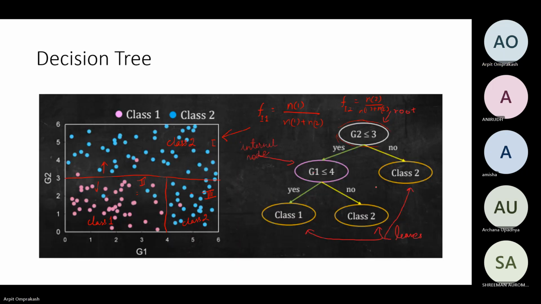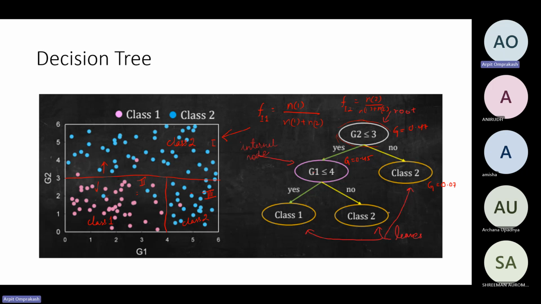So what happens is, when you reach a certain value where your entropy or your Gini index is very low, you know that the class is very homogeneous there. For example, let's say the Gini index here is 0.47, the Gini index here is 0.45, and the Gini index here, in this region, is let's say 0.07 or something.